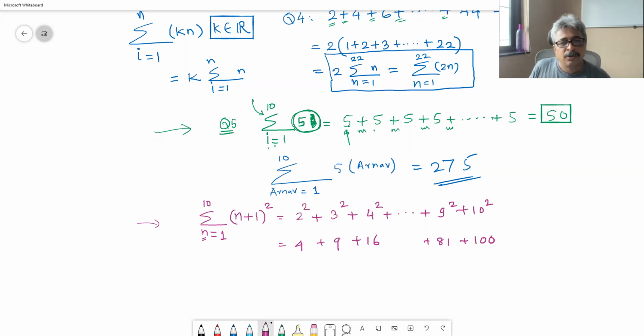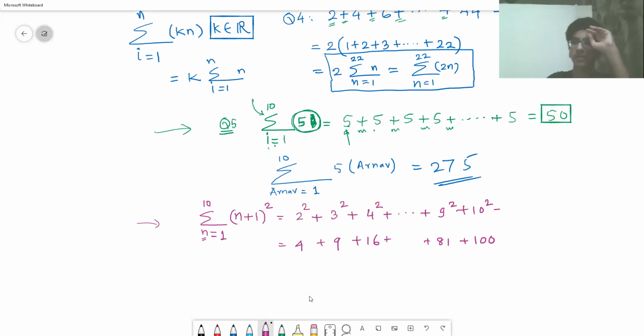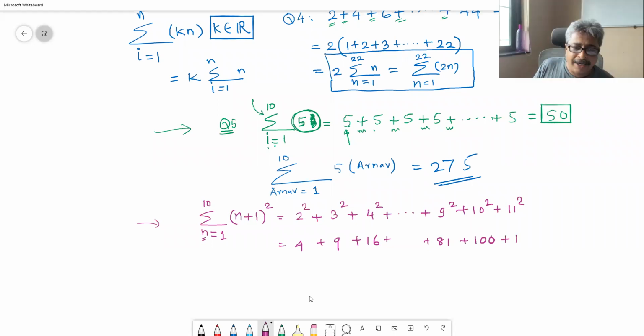Do you all understand what I have written? Sir, I think we have to move it till 11 square. Yes, we will have to take 10 plus 1 square, 11 square. I am about to write 121.